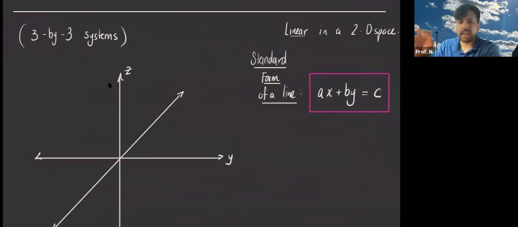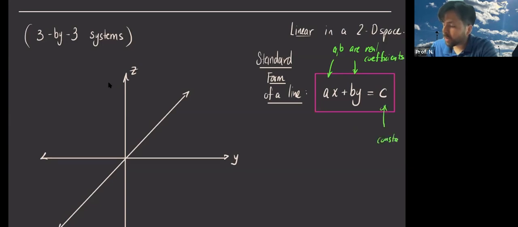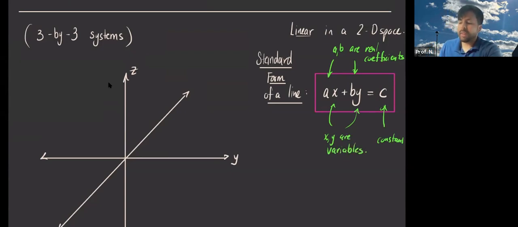They're presented as ax plus by equals c, where a and b are coefficients, most of the time real coefficients. c is usually a constant of some sort. And x and y are the variables, right? That's what you have been used to all this time.